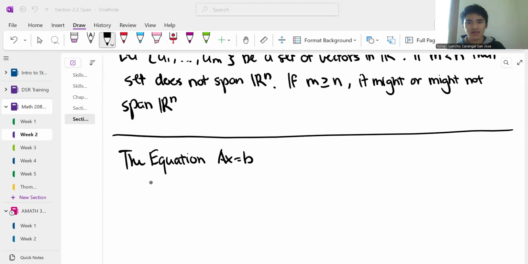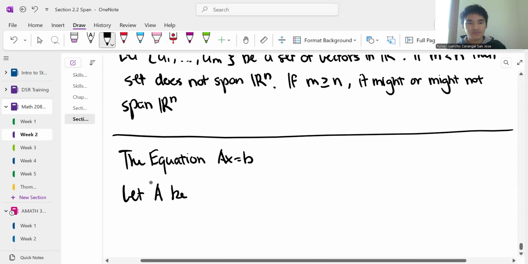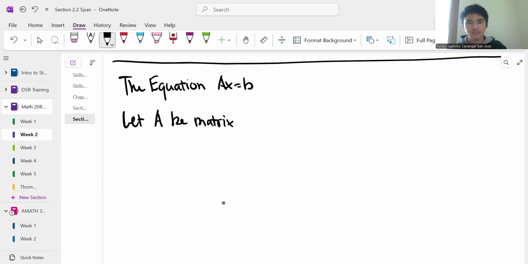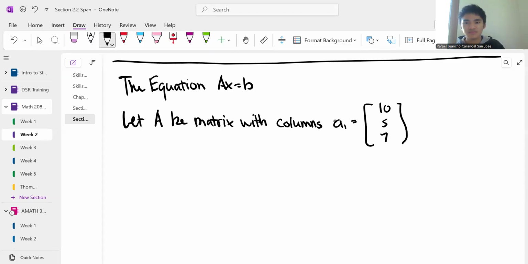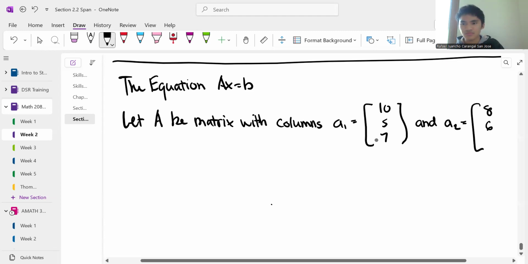Okay, so let's try this. We let A be a matrix with columns A sub 1, this one being equal to 10, 5, 7, and A sub 2, this one being equal to 8, 6, negative 1.